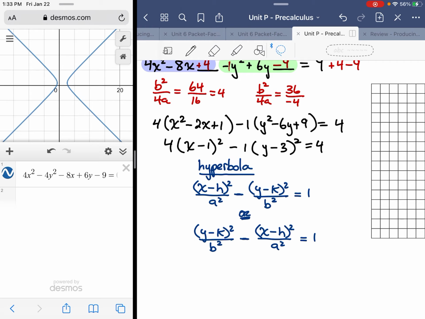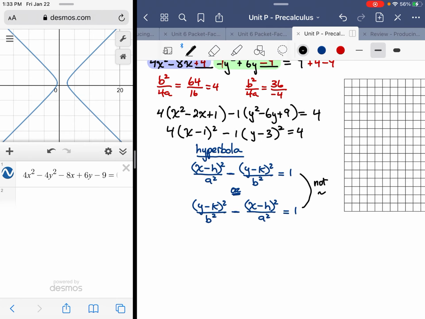And a different equation would have a different graph, right? So these are not the same. Not equivalent. All right. So we got to be careful about that. Otherwise, we pay a hefty price.